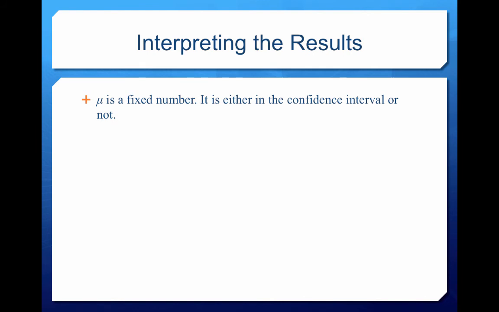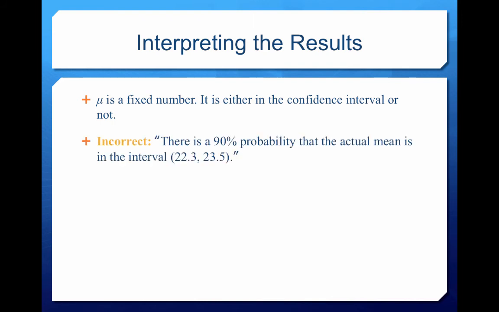Mu is a fixed number. The population mean is fixed. It is either in the confidence interval or not. So it's incorrect to say there is a 90% probability that the actual mean is in the interval. That is incorrect, okay?